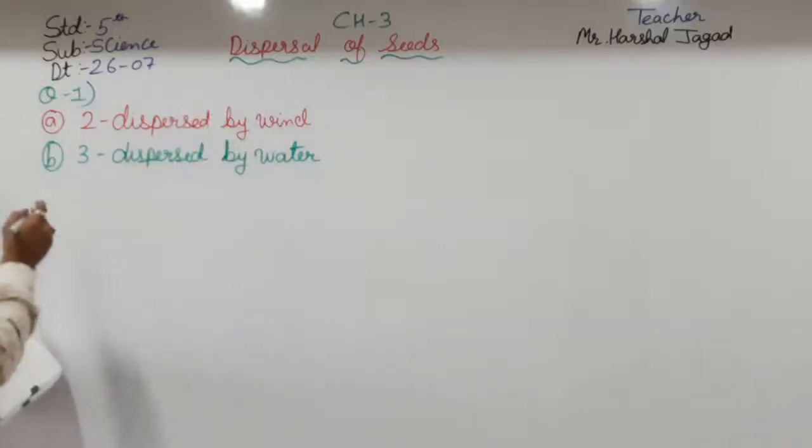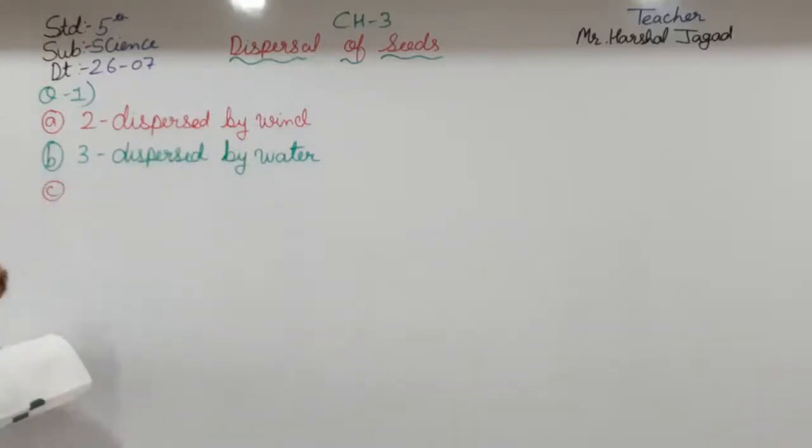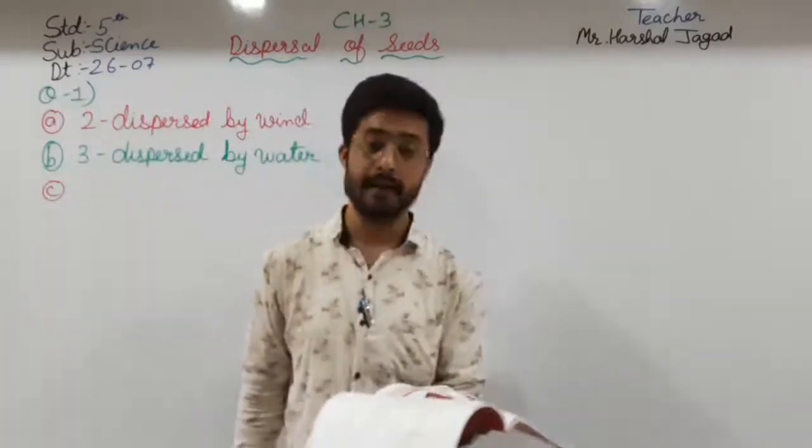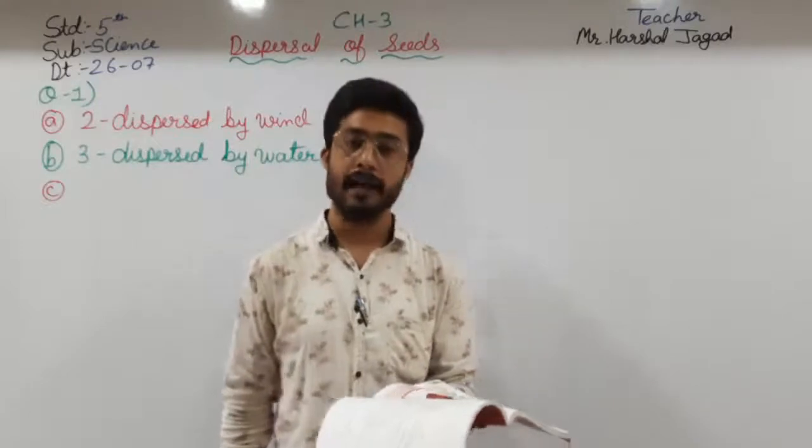Then after the third one, that is C, mango. So mango is eaten and dispersed by human beings and animals.